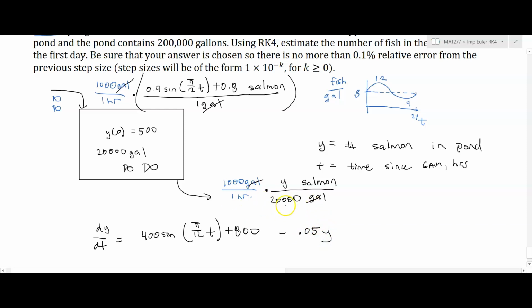Now you can see that this gets significantly more complex. This is non-separable. You can't factor this into a t and a y term. And then we'll also state that the initial condition is y of 0 equals 500.